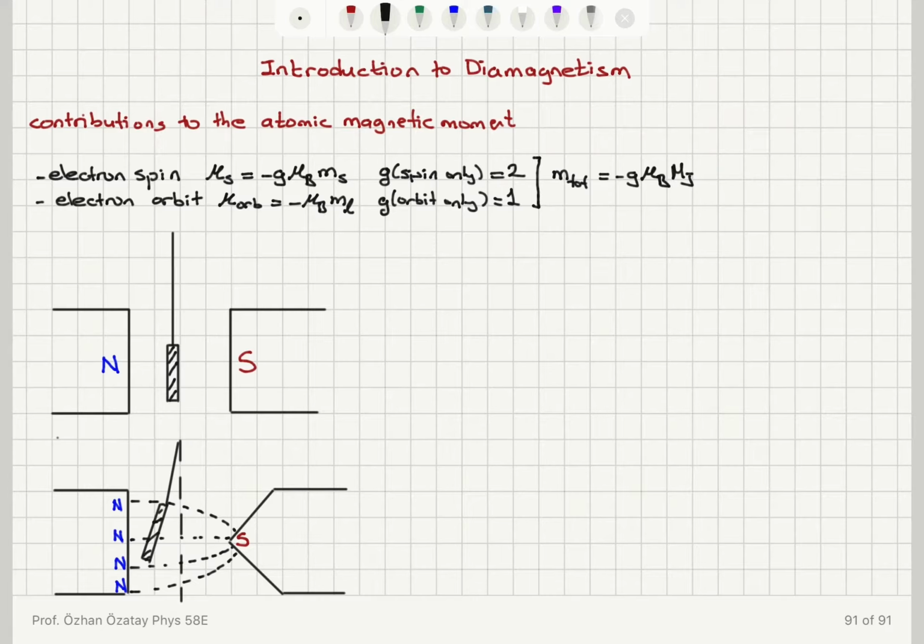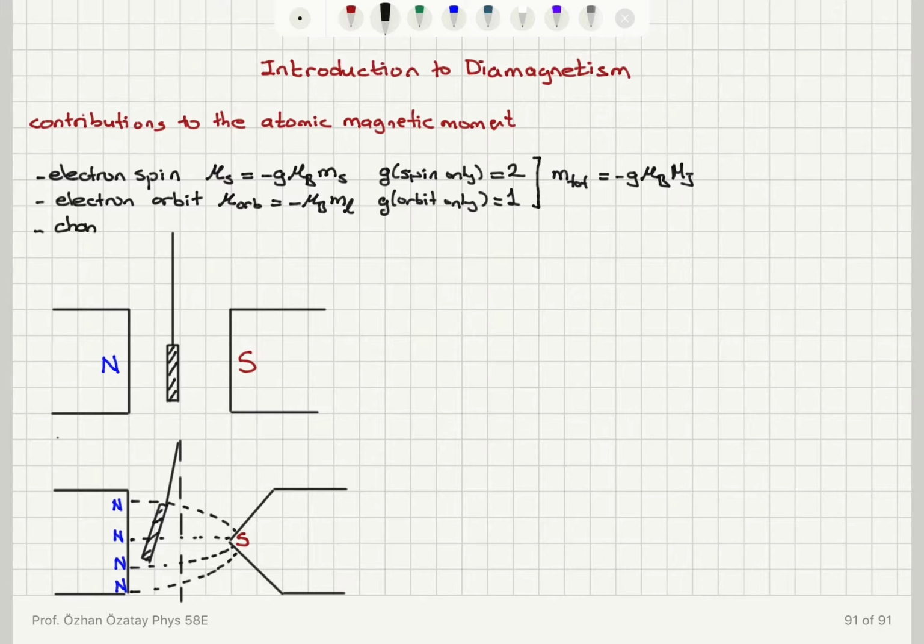Okay, and there's one more contribution we haven't talked about, that is the change in the electron orbital motion when an external magnetic field is turned on. This is due to Faraday's effect.